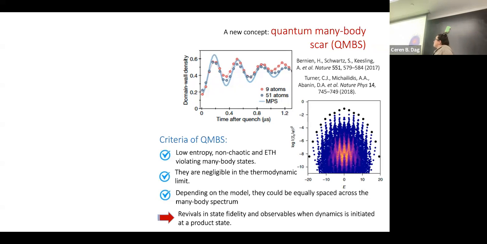Later there was some theory development to explain why there are such well-defined, robust oscillations. The name of the model is the PXP model, and it integrates the Rydberg blockade condition of the Rydberg atom arrays into the model, finding these special states.